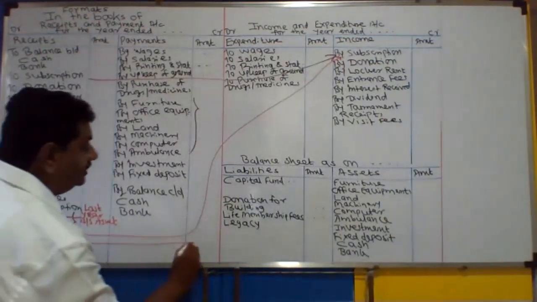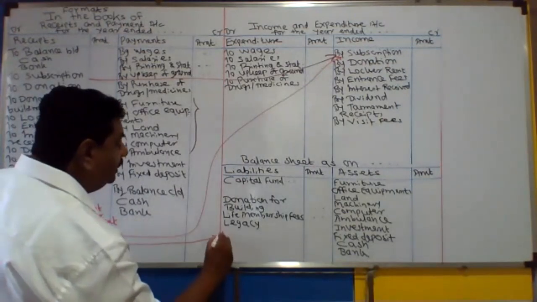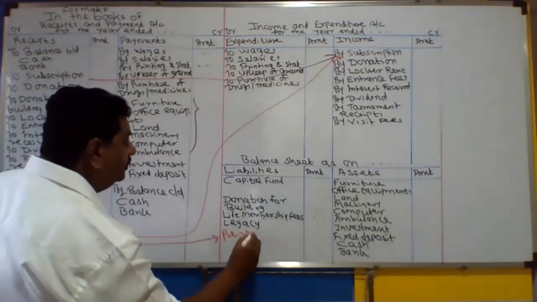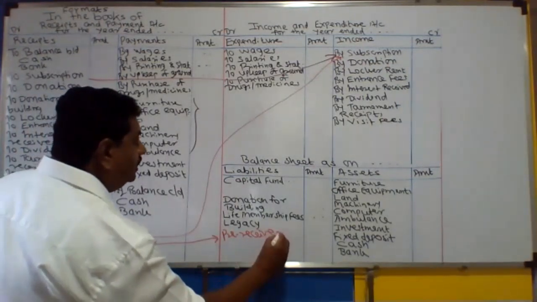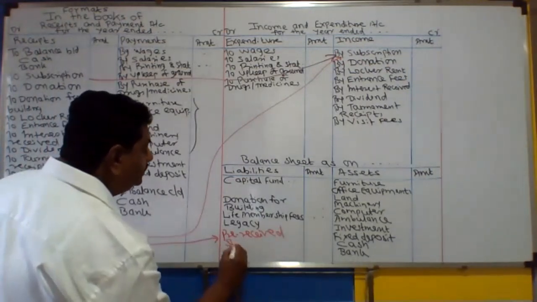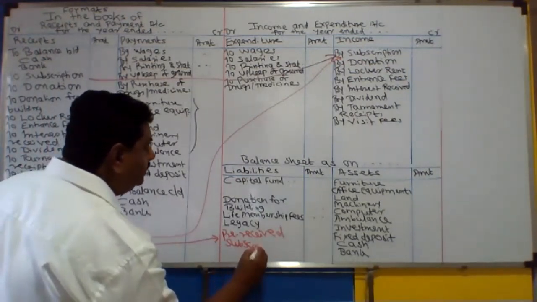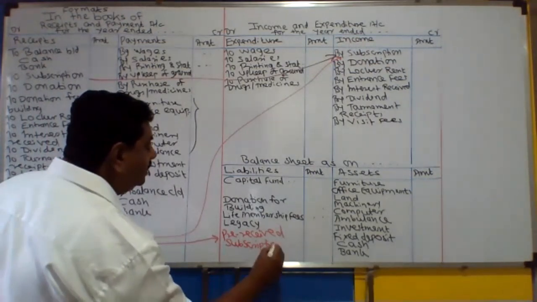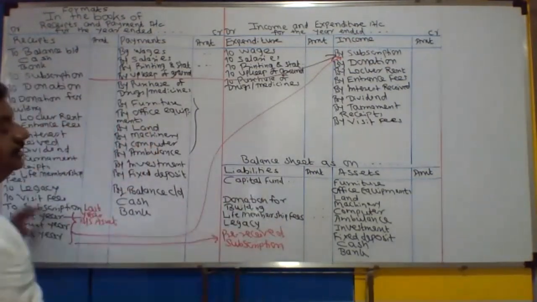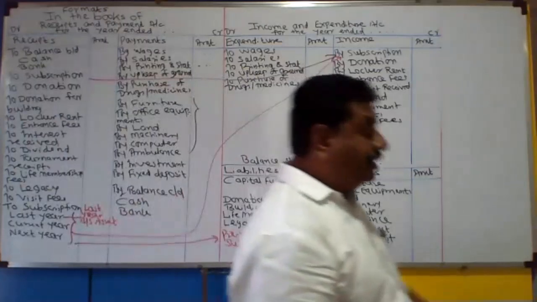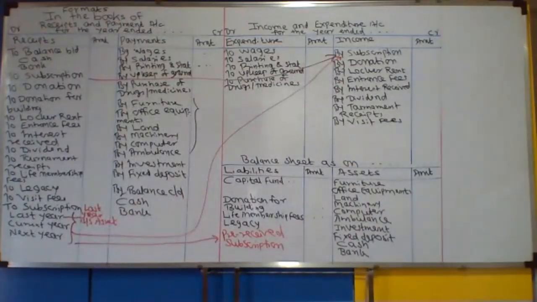This is called a pre-received subscription to be recorded to current year balance sheet liability side. As a pre-received or received in advance subscription. This is the income received in advance.